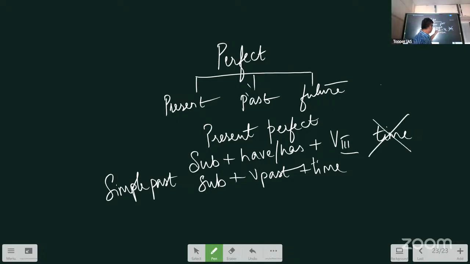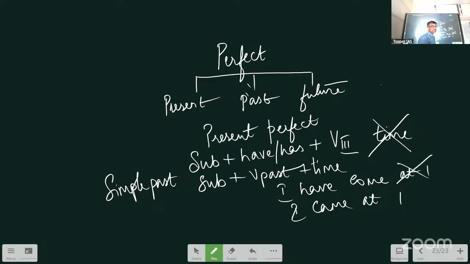In present perfect, you cannot use time. With simple past, you use time. So let us understand the difference. Now, I have come. I came at 1.